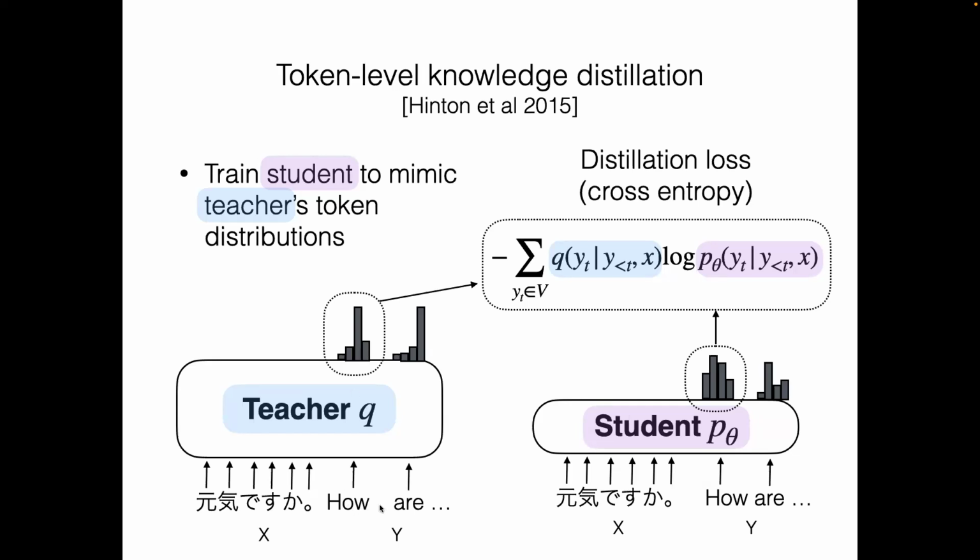Like maybe here it says how are, or maybe in other cases there are alternatives. And so you're able to get some supervision from this well-trained teacher without actually having the data that shows those alternatives. This is called token level knowledge distillation. It was actually introduced in the context of image classification, but then you could use the same idea for the language model.